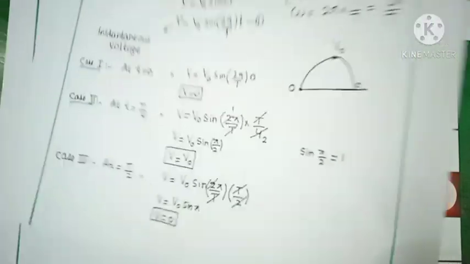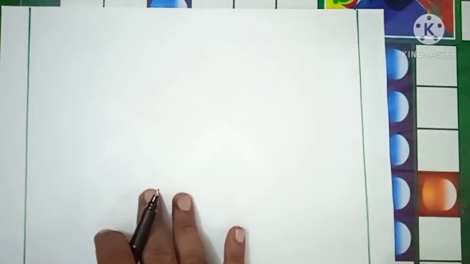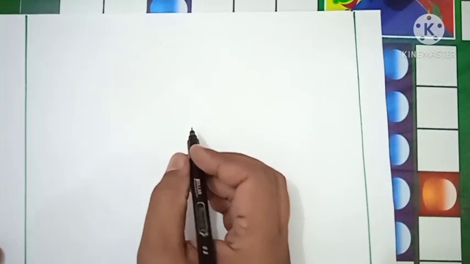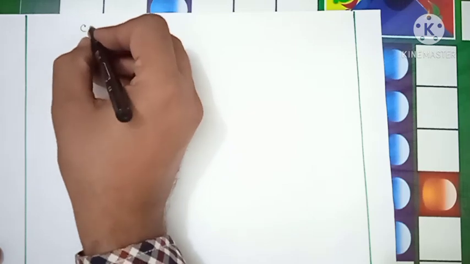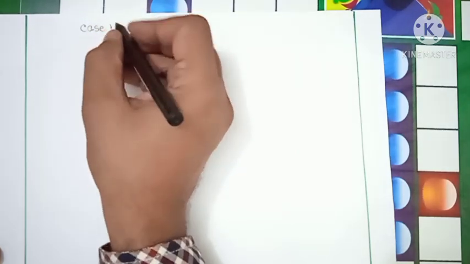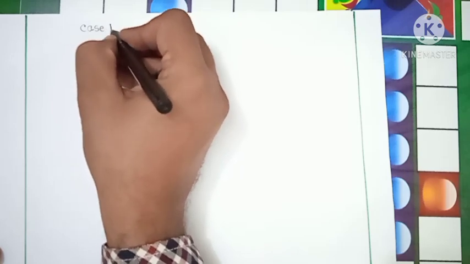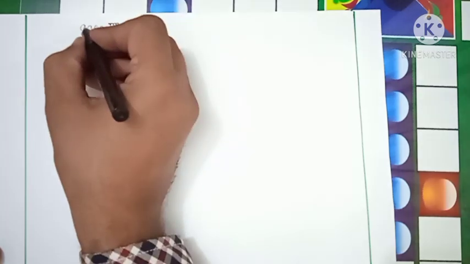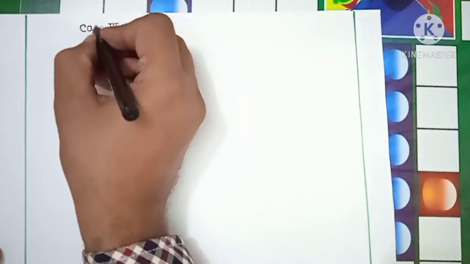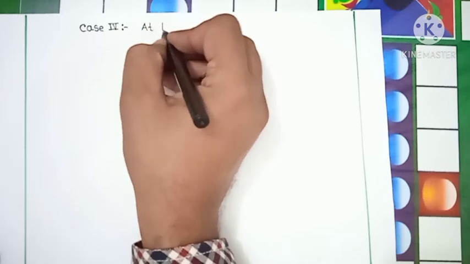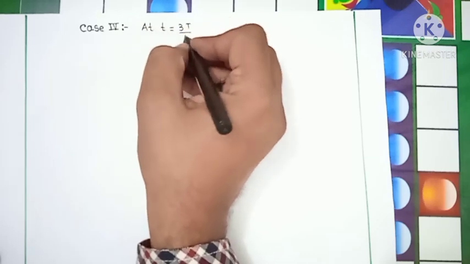Now moving forward to case number 4. In case number 4, at t is equal to 3T by 4.